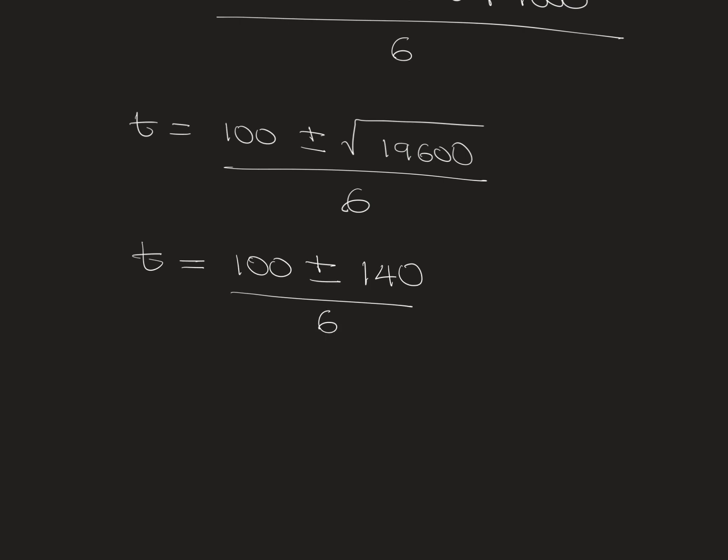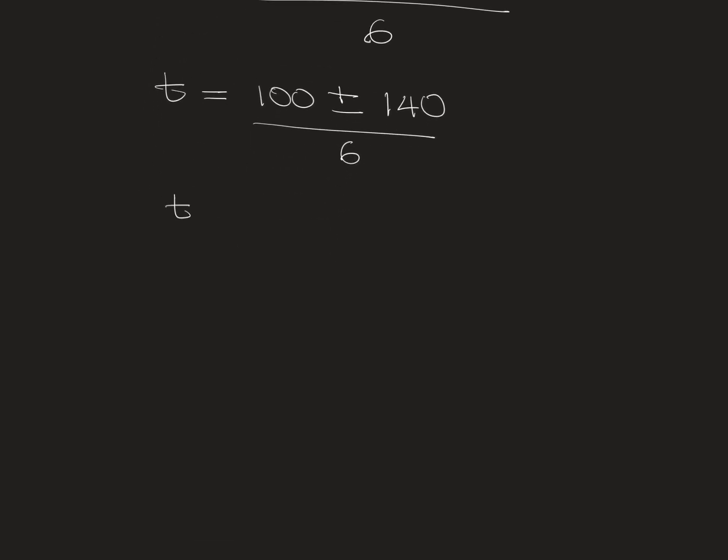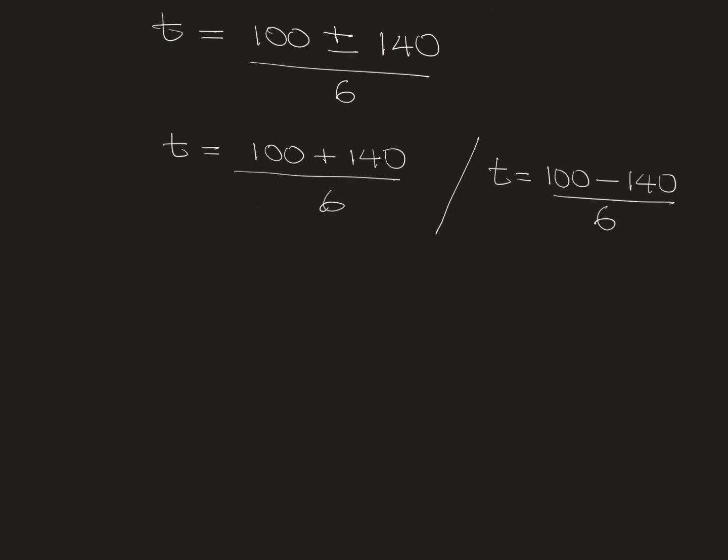all over 6. So t is equal to either 100 plus 140 over 6, or t is equal to 100 minus 140 over 6.